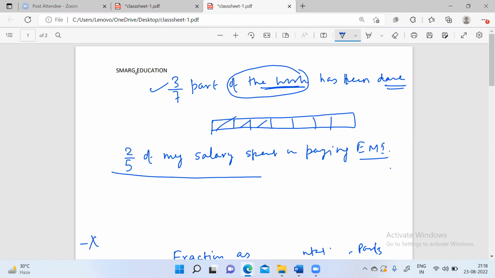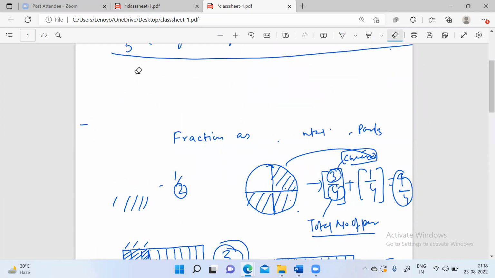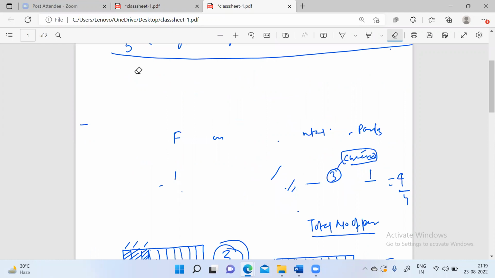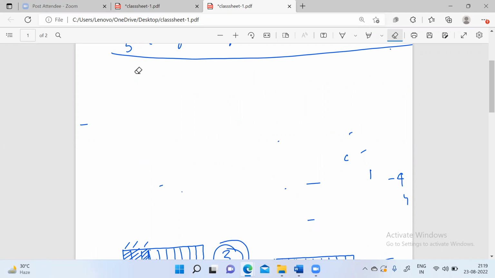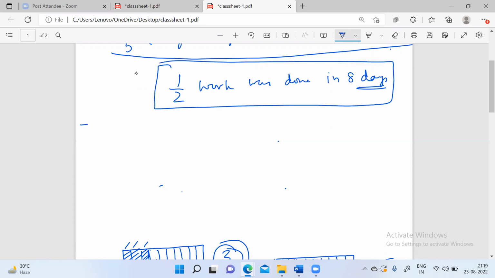ठीक है, सो अब अगर मैं तुमसे एक चीज पूछता हूँ, मैंने तुमसे पूछा कि half of the work has been done in 8 days, तो पूरा वर्क कितने दिन में होगा?